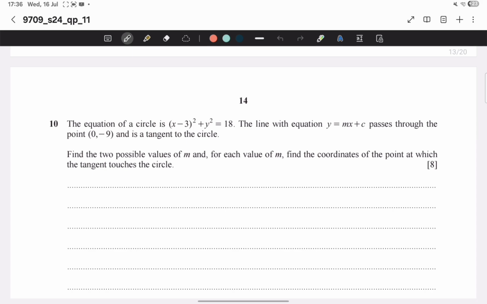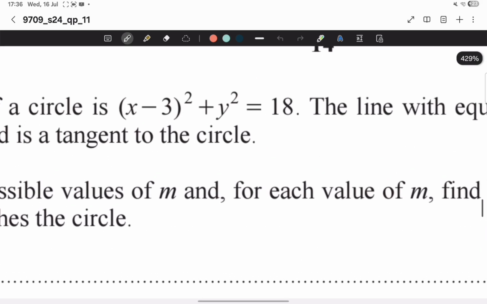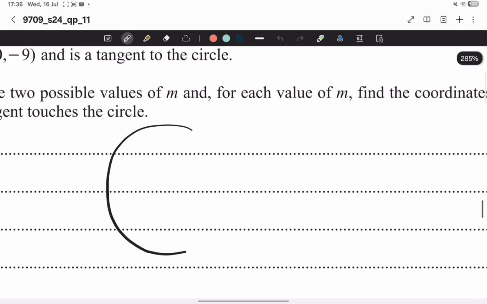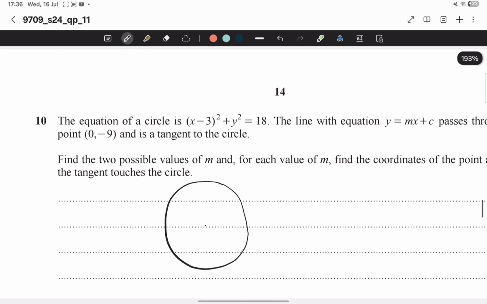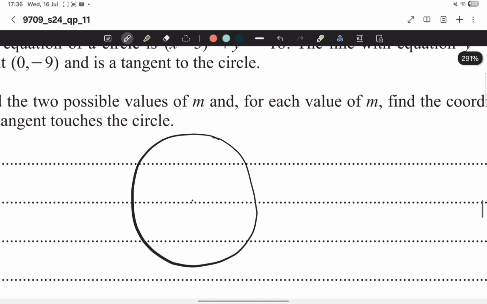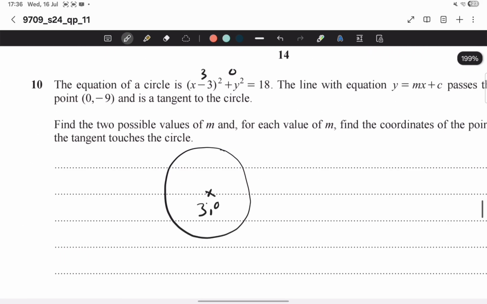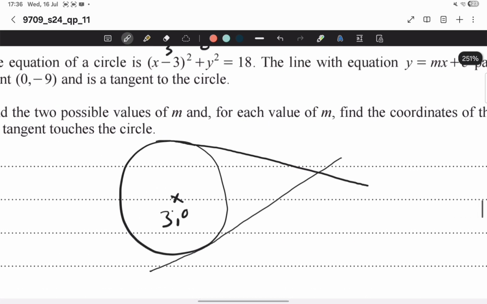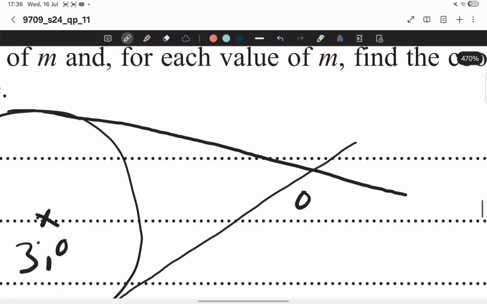Alright, so we have a circle with center (3, 0). And we have two tangents that both pass through the point (0, −9).